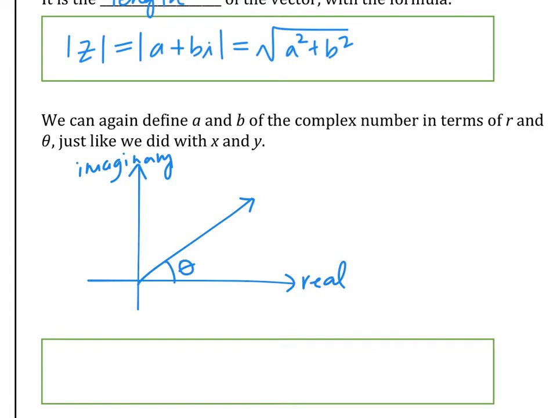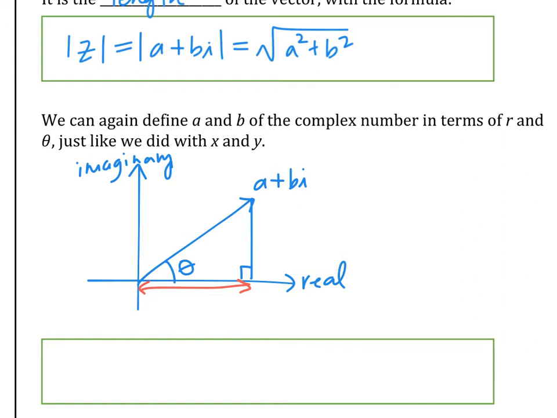So if this number is a plus bi, and then I am drawing a straight line down again, creating a 90 degree angle, then the question is, how long is this part? You can think of it as a projection, but just how long is that part?